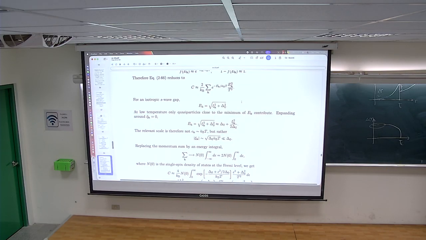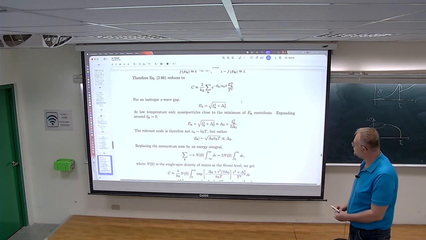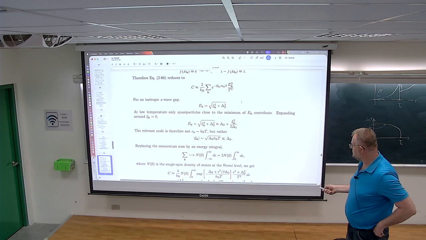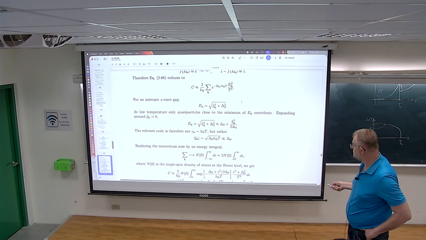What I just want to tell you is that this thing is true: if you integrate over ε with the superconducting density of states, this is the same as if you integrate over ξ and use the density of states of the normal metal. And this is important. So I choose this one, so I'm just using this N_0, and the summation over k is just the integral with the density of states.